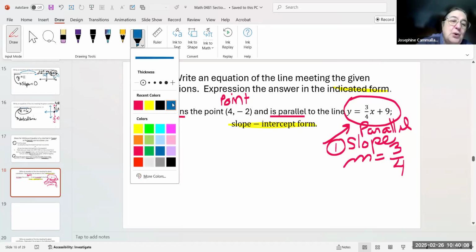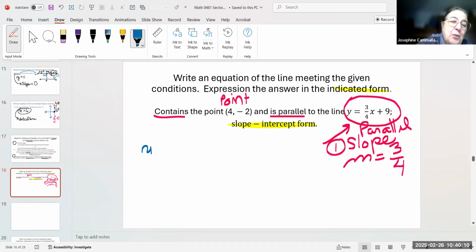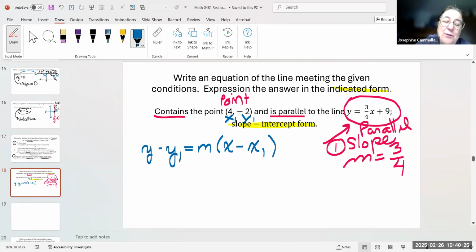Well, now we have y minus y sub 1 is equal to my slope times x minus x sub 1. This is my x1, y1 point. This is my slope. Well, let's fill it in.